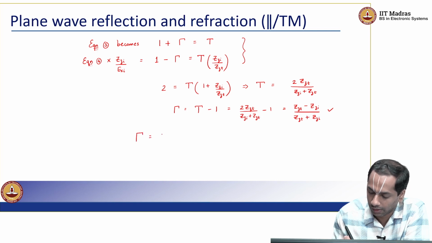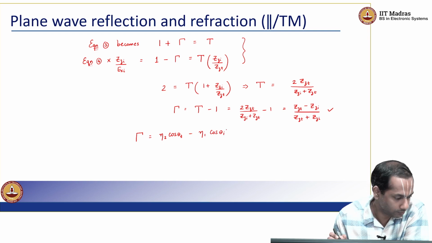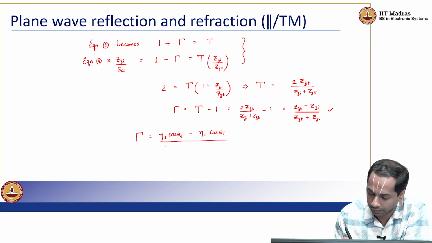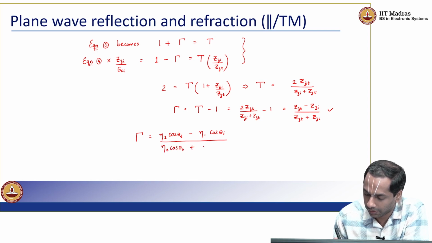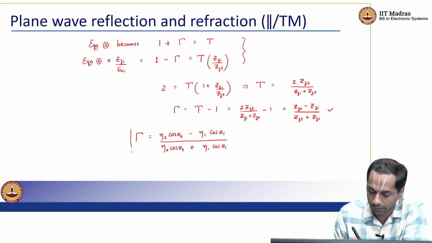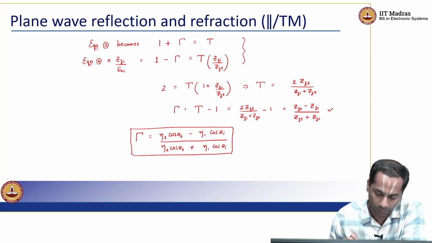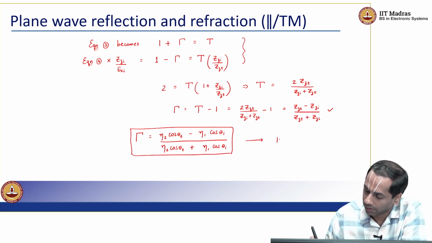So gamma, remember ZZT was eta 2 cos theta t, minus eta 1 cos theta I, over eta 2 cos theta t plus eta 1 cos theta I. Okay, so this is my first Fresnel equation, right.